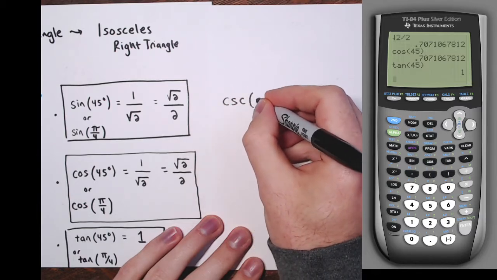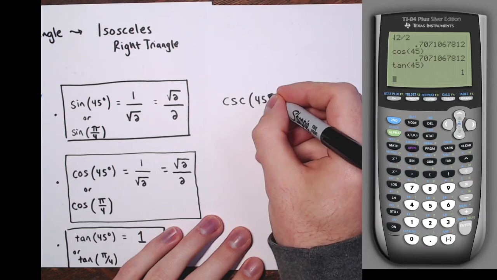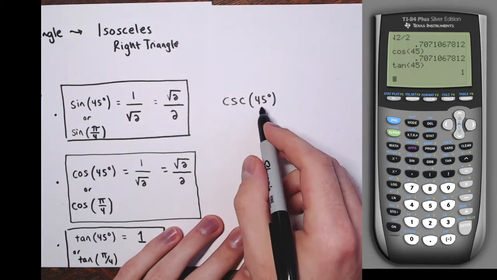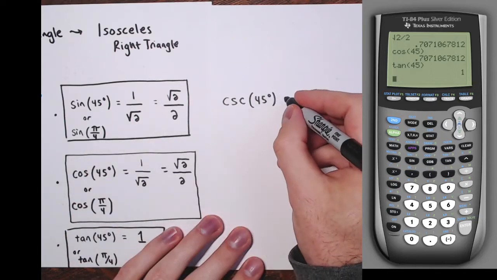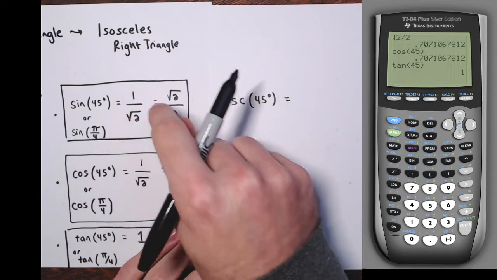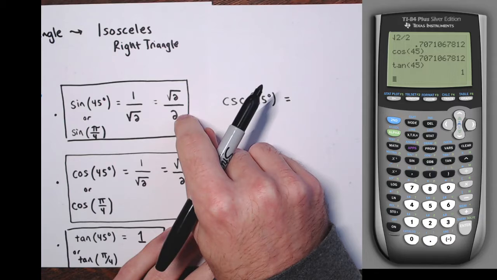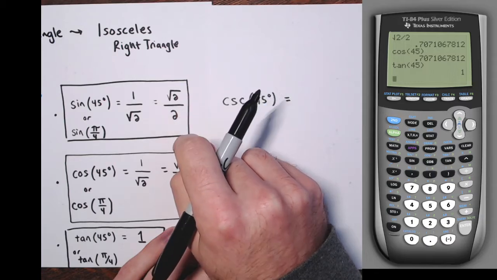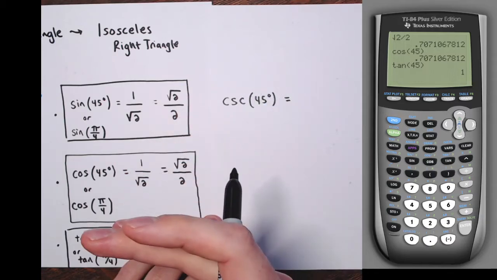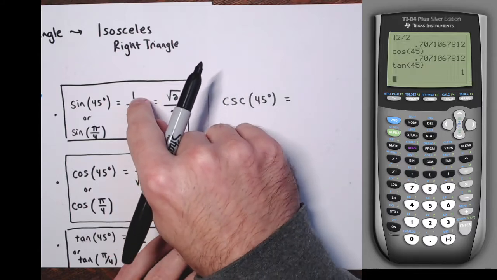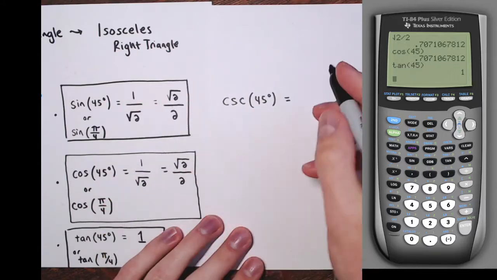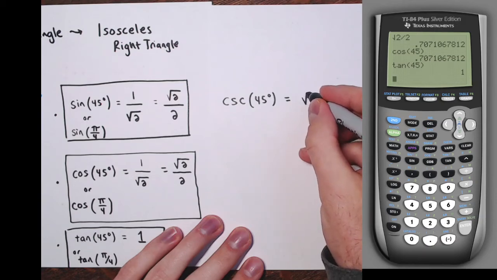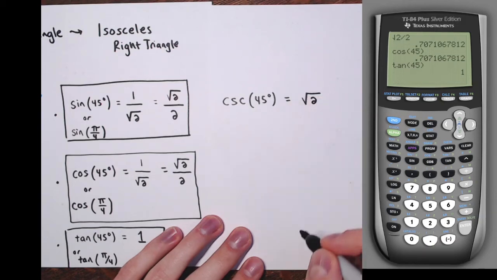CSC, cosecant. So the cosecant of a 45-degree angle or the cosecant of a pi over 4 radian angle. Just flip this over. Now you can flip this over, make it 2 divided by the square root of 2, but then you have a square root in the denominator. I'm just going to flip this one over, right? Make it a hypotenuse over opposite. That's the square root of 2 divided by 1, or just the square root of 2.